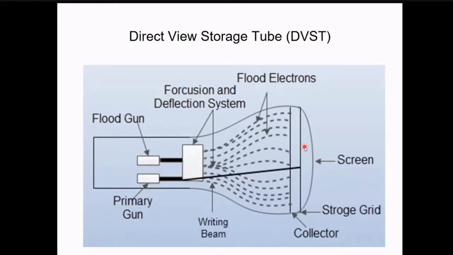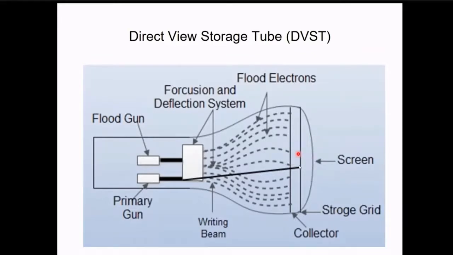So whatever shape there is will be stored in the storage grid, and the remaining screen would simply be illuminated, as the electrons go there. The only thing that won't be illuminated is the circle shape, because that is the thing that you want on the screen.